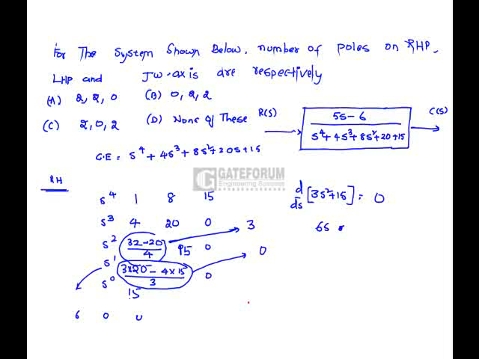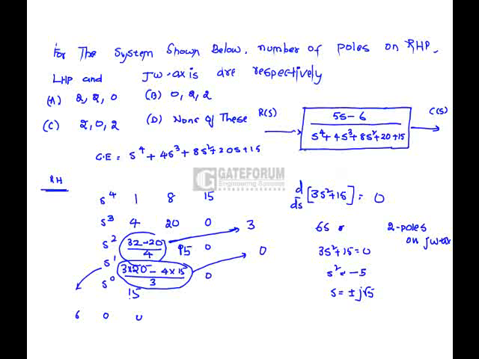All are positive, no sign changes, means there are no poles on the right half of the S plane, but there are poles from 3S square plus 15 equal to 0. So S square is equal to minus 5, S is plus or minus j root 5, means there are 2 poles on the j omega axis.